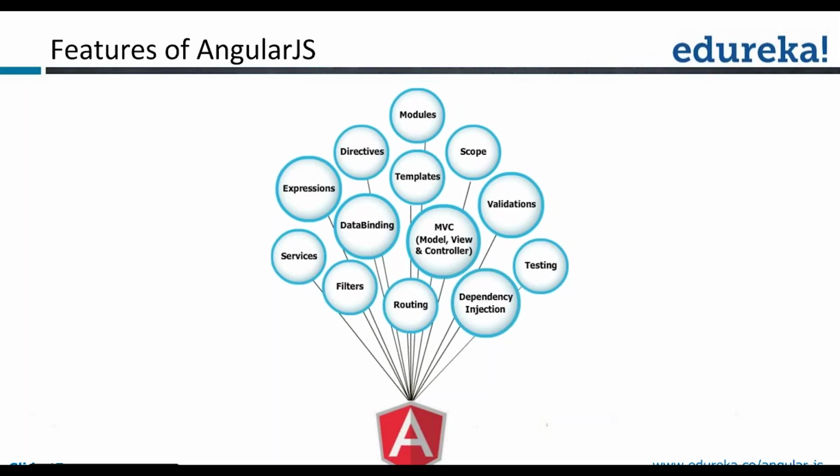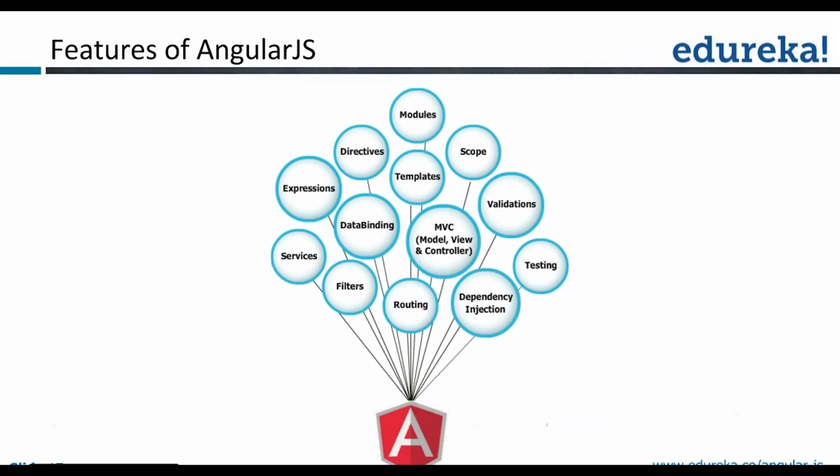Having these directive components helps us plug and play them in different projects within the same company. So this gives a way to teach HTML new tricks. I will be showing that in the demo.